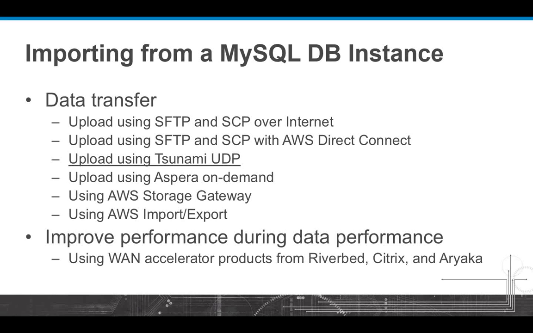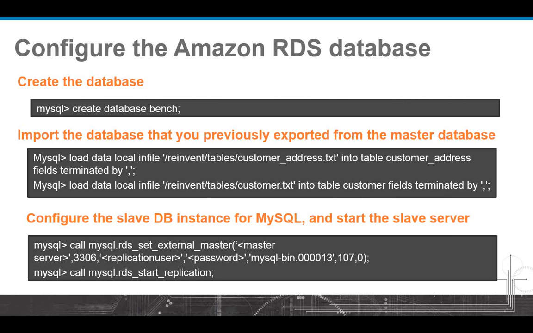Apart from that, you could also consider using a few WAN accelerator products that work with AWS. Here are a few vendors that supply these products, and that will help you accelerate the migration time as well. You might want to compress your backup files because it's going to help you reduce the migration time.